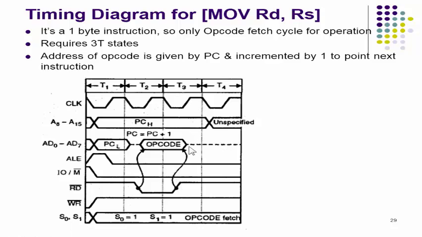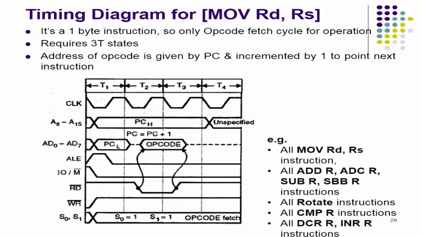So in the T3 state the opcode reading process gets completed. This particular MOV Rd, Rs instruction requires only a single machine cycle, that is the opcode fetch machine cycle.